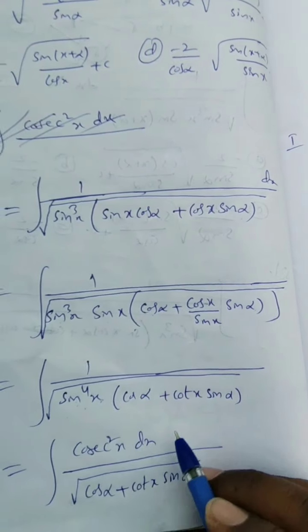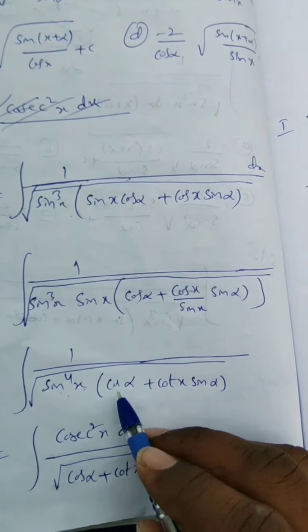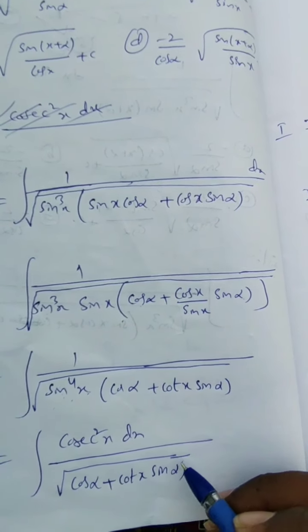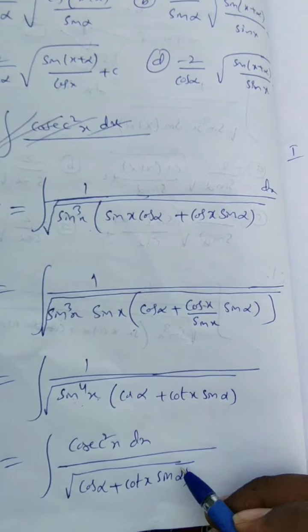So cosec square x dx upon under root of what is left here, cos alpha plus cot x into sine alpha. Understood?